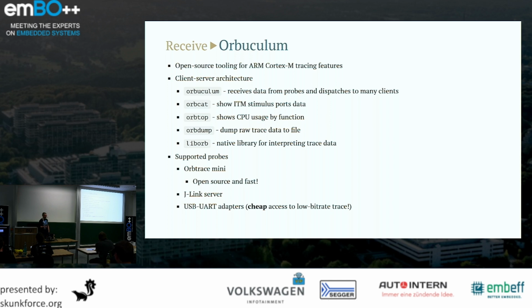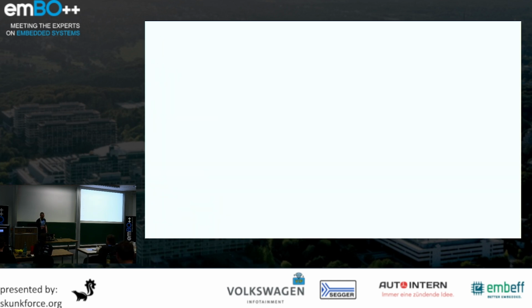It's also a debug probe, and it's really fast. Orbuculum can also plug into a JLink server or into any serial port, so you can use a USB UART adapter to receive data from serial wire output and get anything through that way. So if your bitrate for trace is low, you don't need anything special to receive that data.